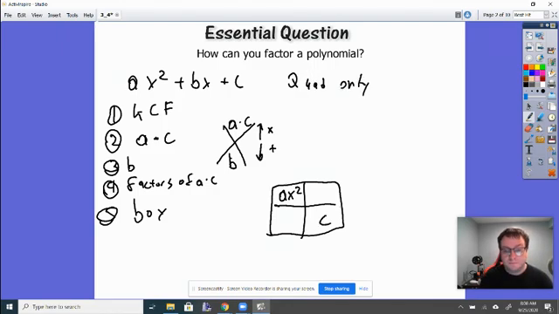And then C. We're going to take one of these numbers, put it right here with an x. We're going to take the other number, put it right here with an x. And then we're going to start figuring out what we can take out here, what we can take out here, here, and here. Okay, so let's look and see what that looks like.